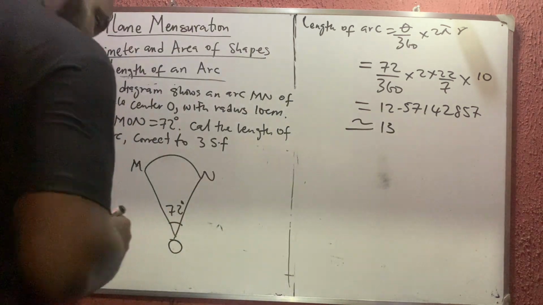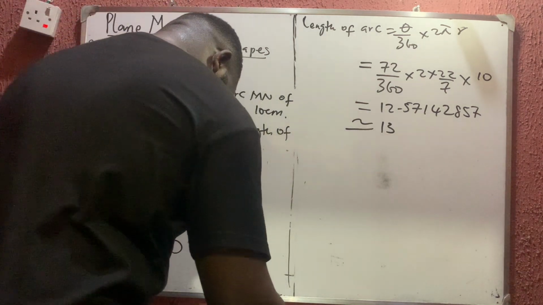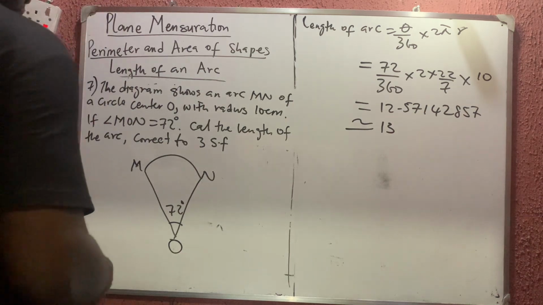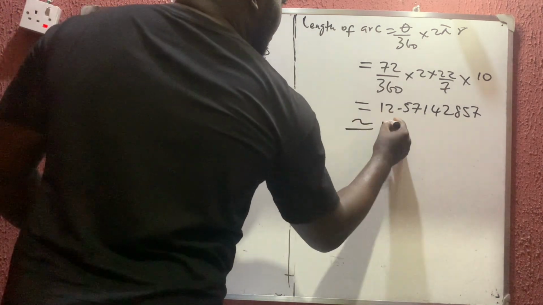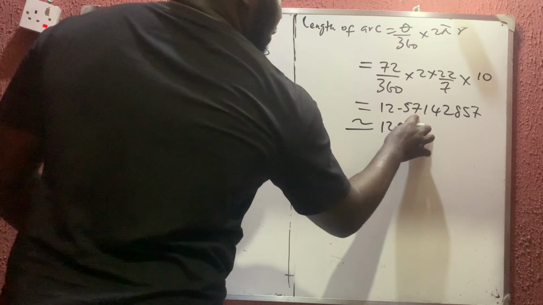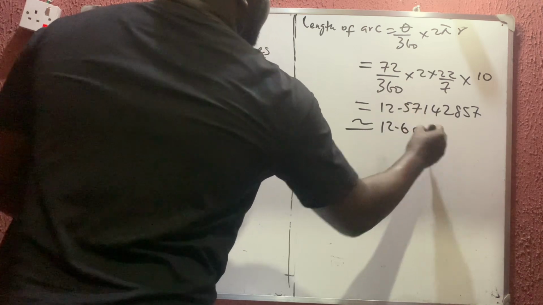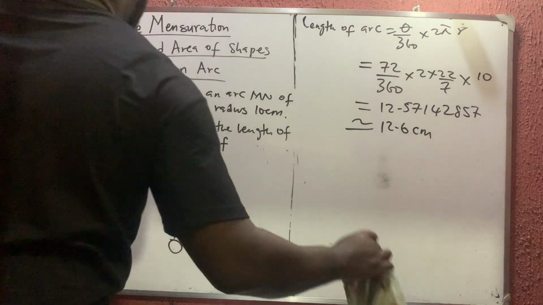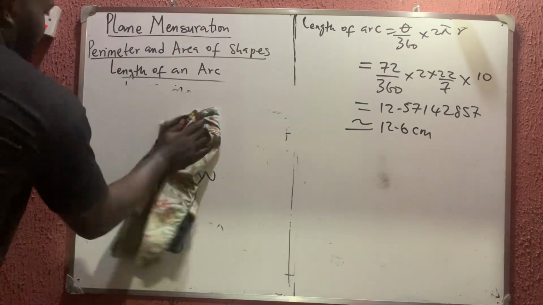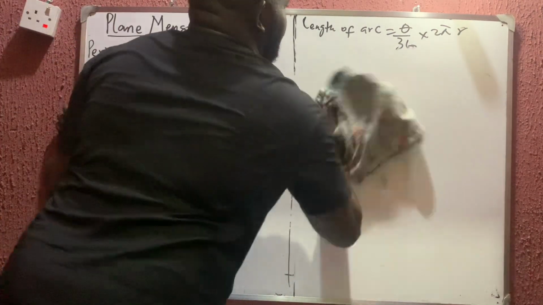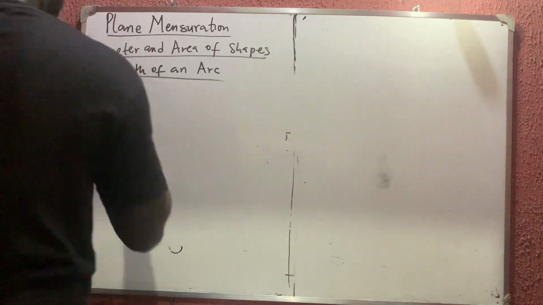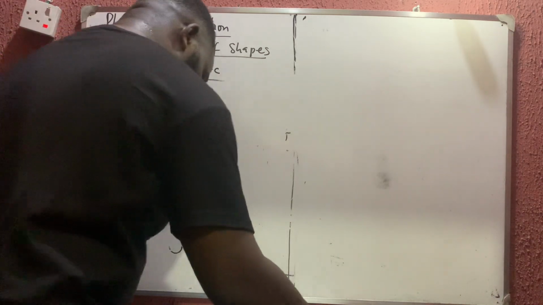So it is 13 to 2 significant figures. Okay, they say 3 significant figures, so it is 12.6. 1 2 3, this is up to 5, so call it 6. So that is 3 significant figures. We move to question number 8. All these things are very cheap questions. So question number 8.